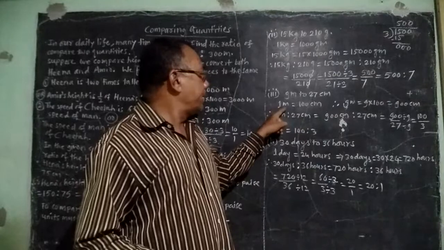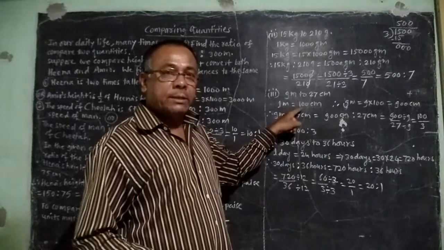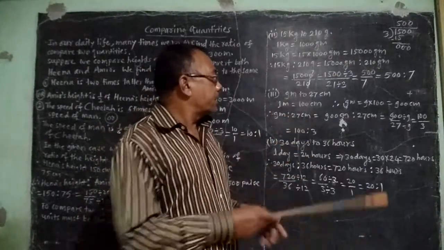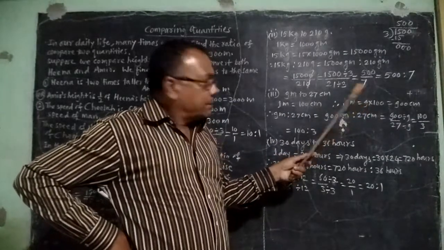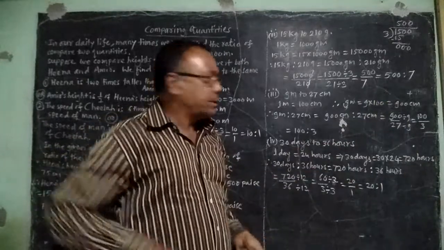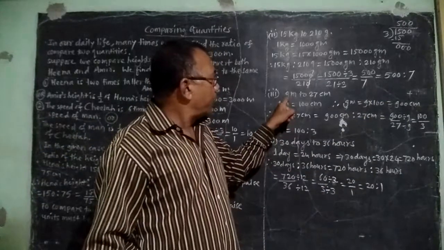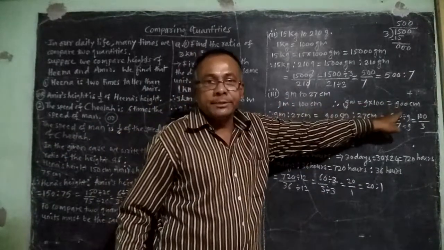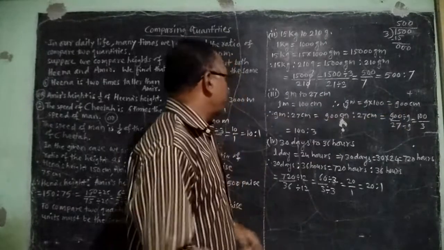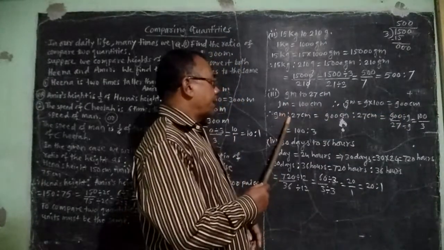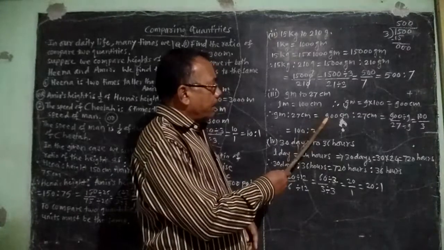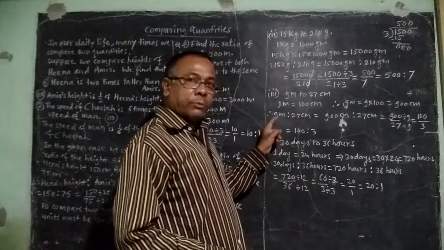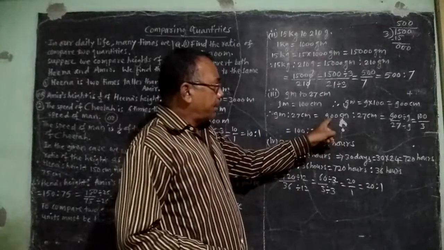So here 1 meter is equal to 100 centimeter, and therefore 9 meter is equal to 9 into 100, that is equal to 900 centimeter. Means here we have converted 9 meter to 900 centimeter.